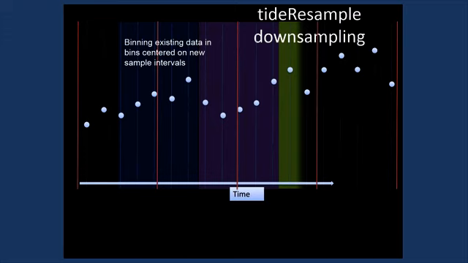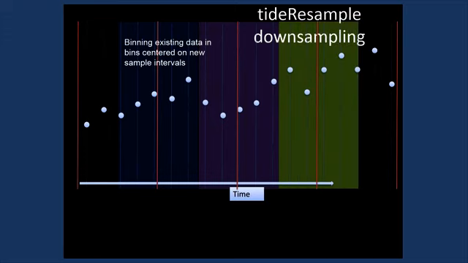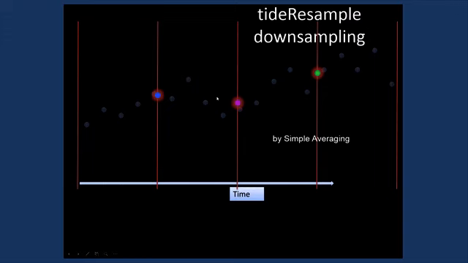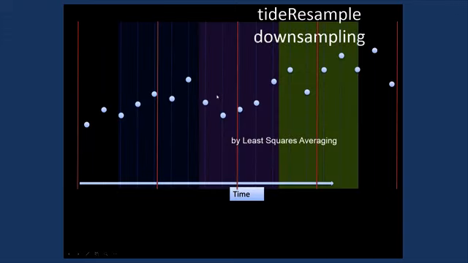So this is one bin, this is another bin, another bin. We analyze that data by simple averaging. And those are our new data points.